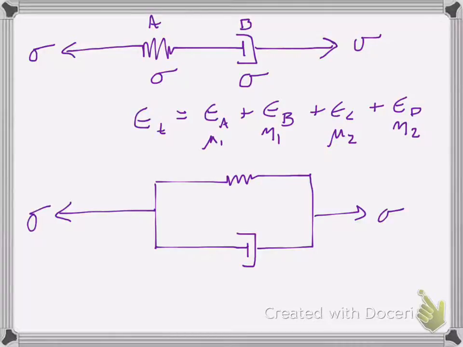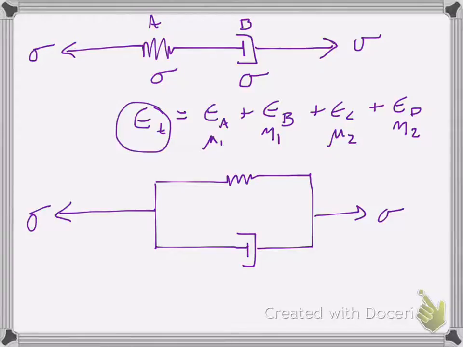So we can add as many elements as we want together, give each of them their own mu and eta, and then we can put in the equations for how these relate to the stress applied, and we can come up with a net strain for these multiple elements.